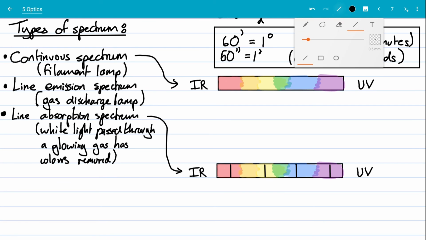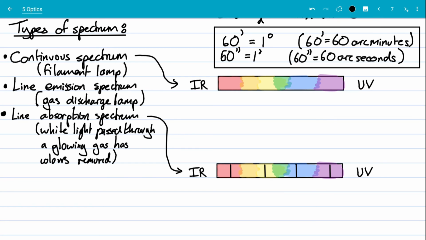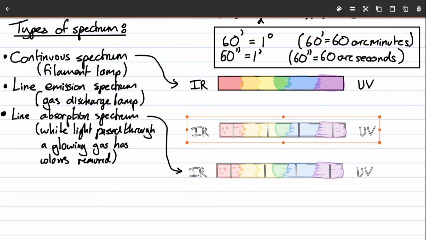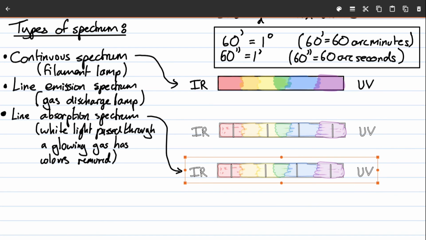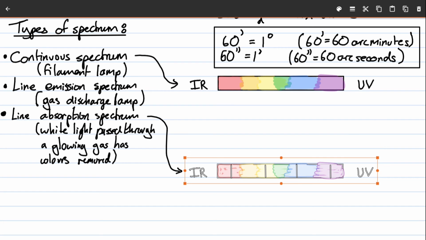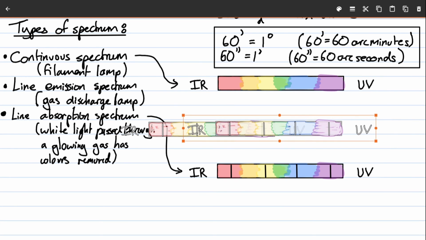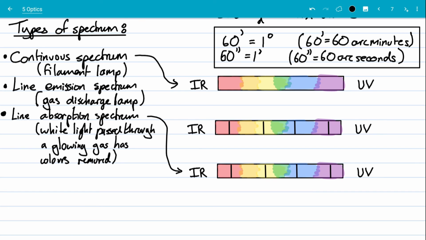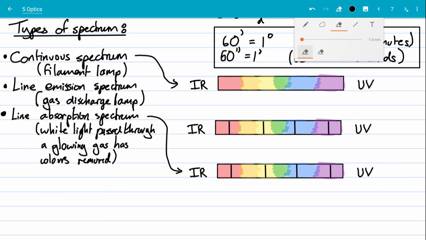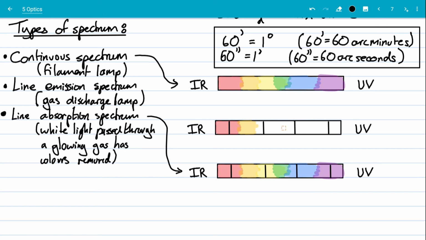And then lastly, we would have our emission spectrum, which will look very similar. Copy and paste. Duplicate it. There we go. But what we would have is, choose the rubber, get rid of these highlighted bits here, and then we're going to change the color of these.